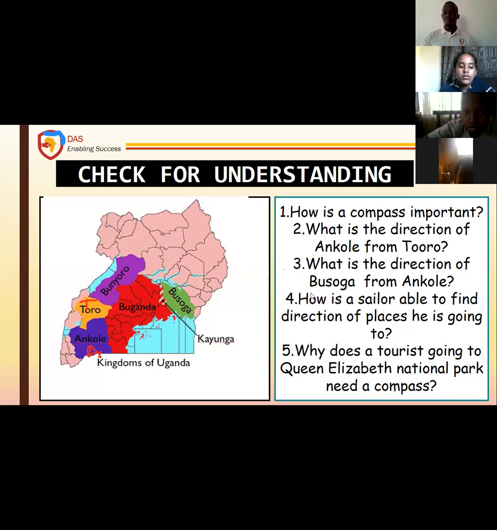Number 3. What is the direction of Busoga from Ankole? Now everybody should go to the chat box. What's the direction of Busoga from Ankole?